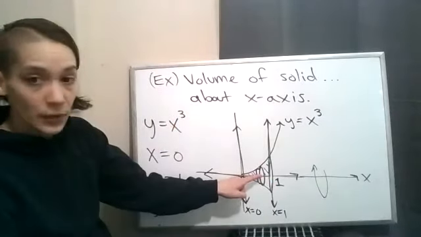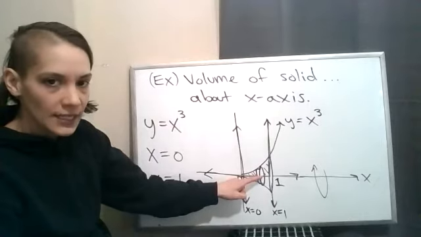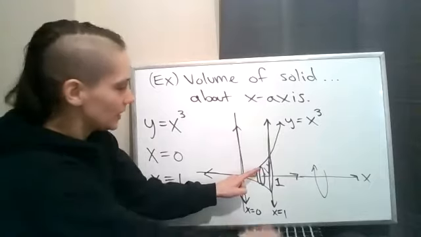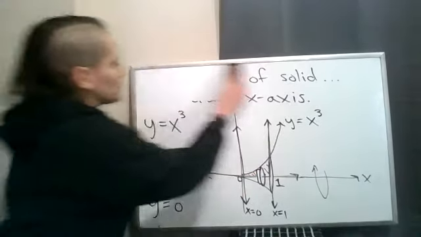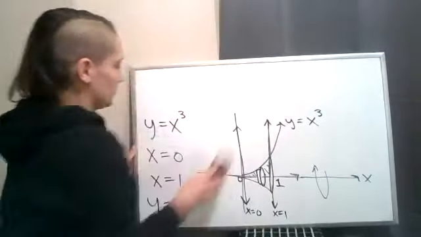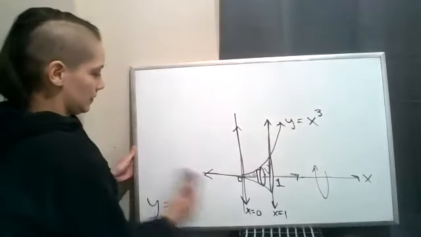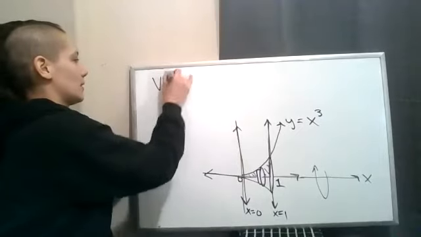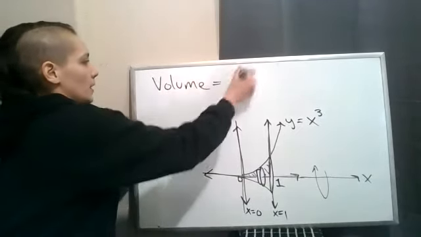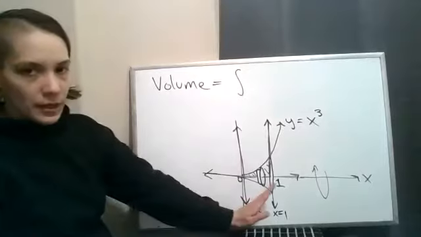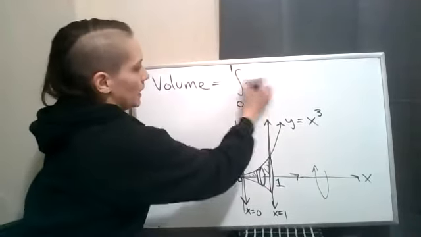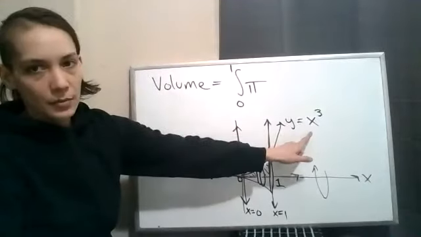Okay, so the radius goes from the x-axis to the function. So it's a radius of x cubed. It's an integral from 0 to 1 of pi times x cubed, the radius squared.